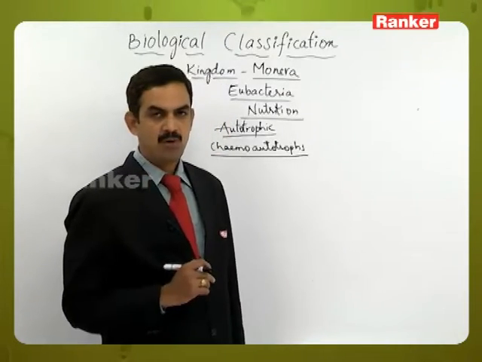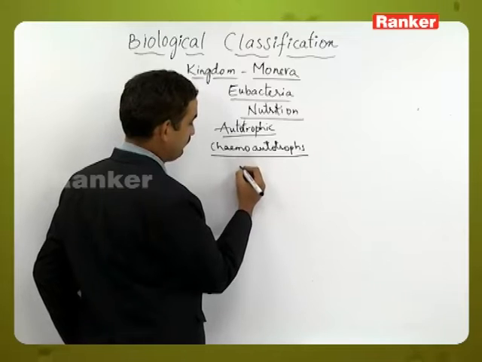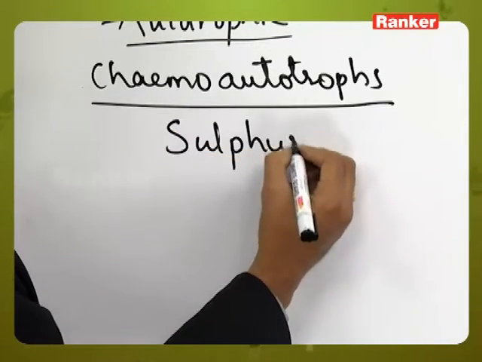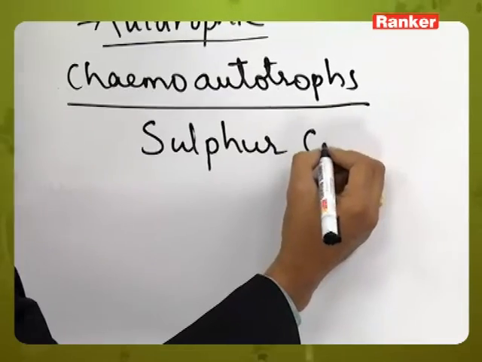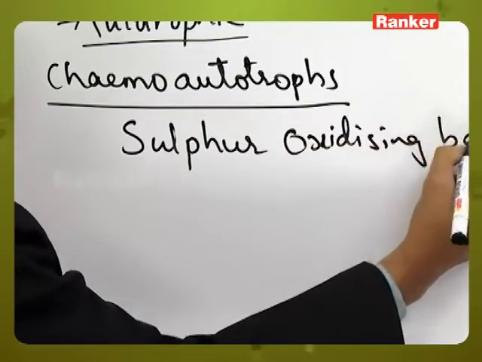Based on the type of chemical that is oxidized, the other type is the sulfur oxidizing bacteria.